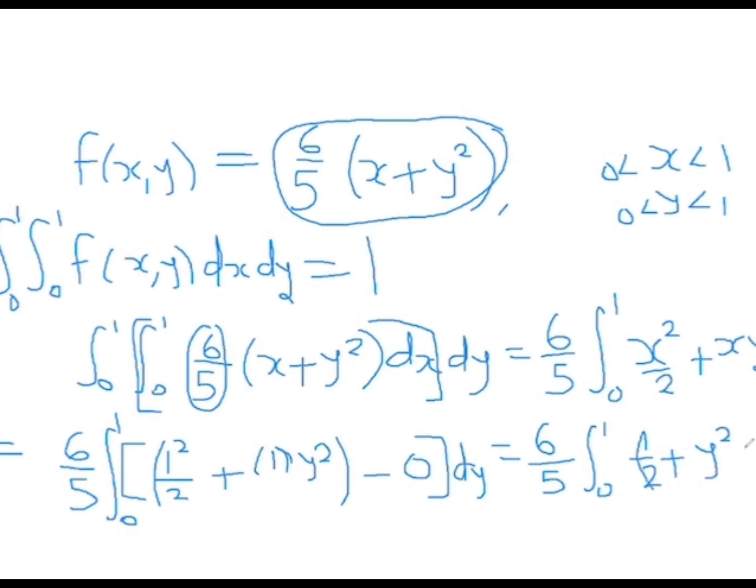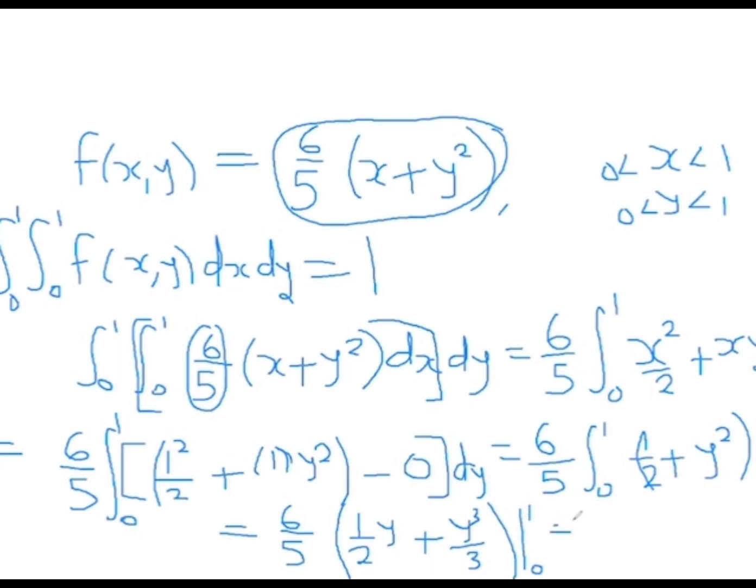Now it is time to integrate this with respect to y. I'm going to have 6 over 5 times the integral, which gives half y plus y raised to power 3 divided by 3. Then I plug in 0 to 1.